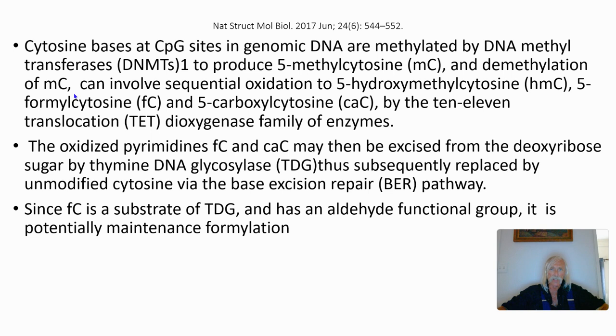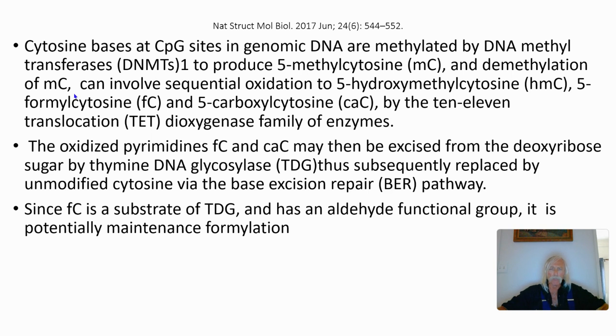So as it's written there, cytosine bases in CpG islands, or sites, in genomic DNA can be methylated, of course, as we've been saying for a very long time on this podcast, by methyltransferases such as DNMT1, or 2 or 3, the different isoforms, which are most canonical in humans.